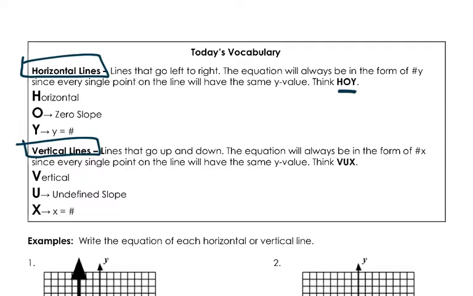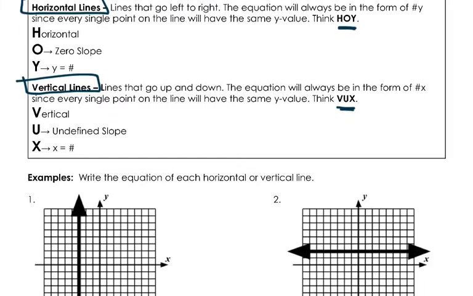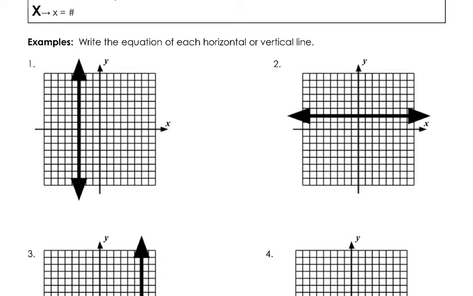We'll look at that in a second. Also for vertical lines, I like to think about VUX, and it's vertical lines, the slope is actually undefined and the equation is actually x equals.